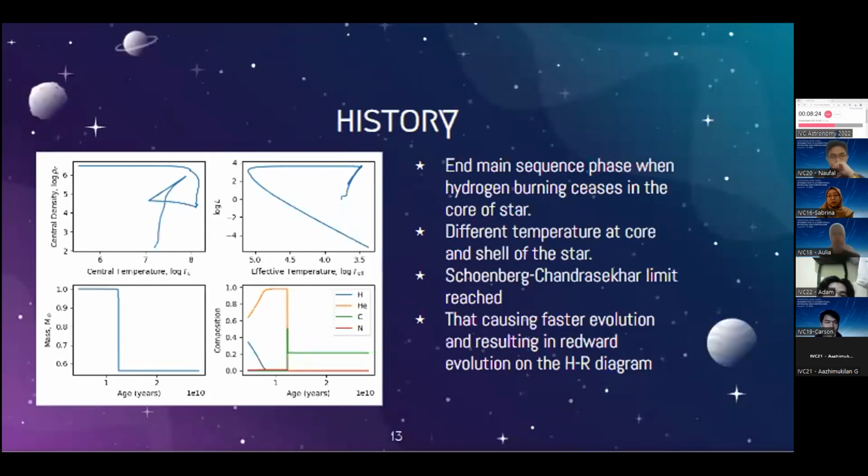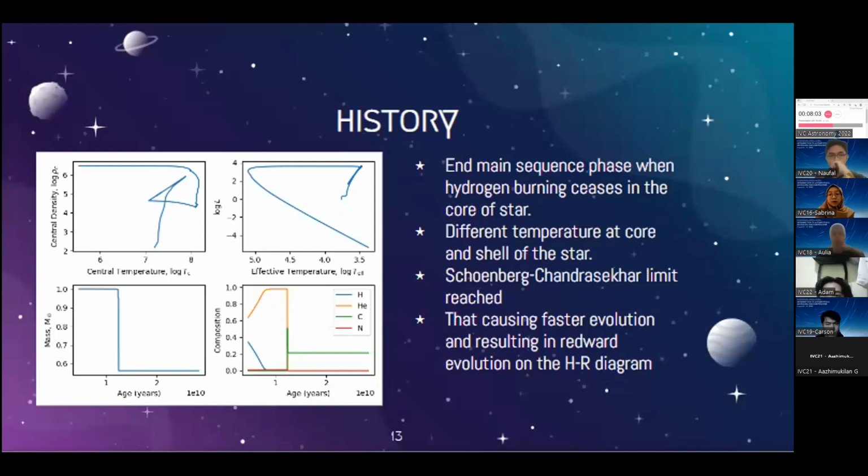The rising temperature in the shell due to contraction means the shell actually produces more energy than the core did in the main sequence, causing the luminosity to increase, the envelope to expand slightly, and the effective temperature to decrease. The shell continues to consume the hydrogen.